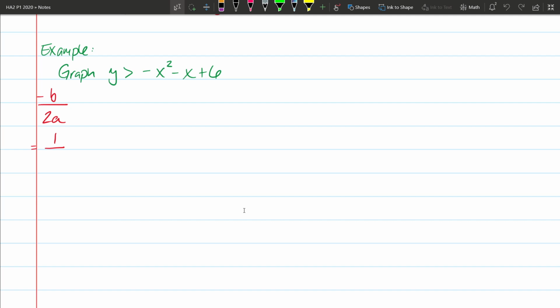And then 2a would be 2 times negative 1. So negative 2. So for my vertex so far, I know that my x coordinate is negative 1/2.